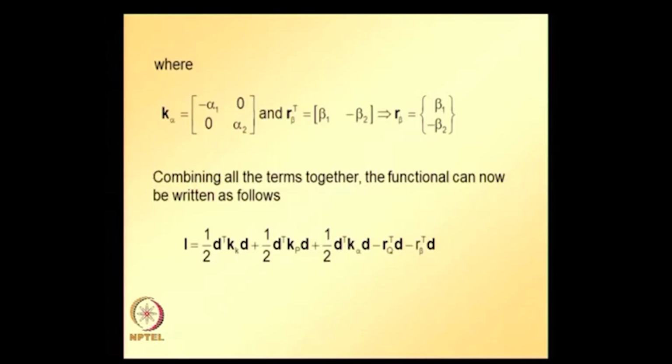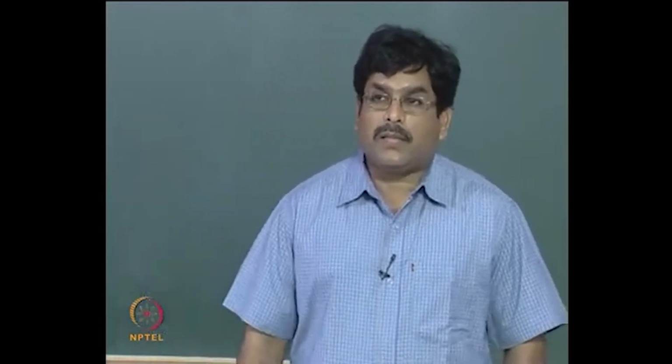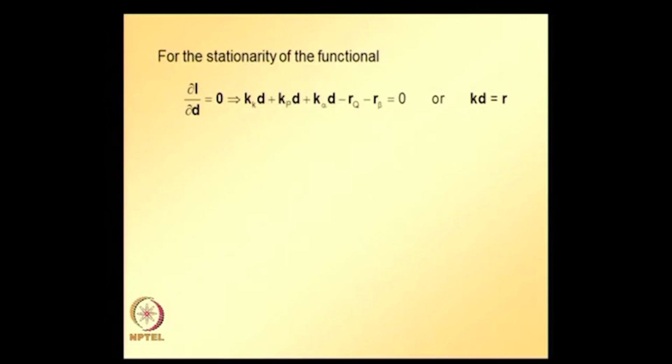Variation of I equal to 0 is possible only when the partial derivative of I with respect to the unknown parameters, which is here nothing but the d vector. So, the partial derivative of I with respect to d is the stationarity condition.